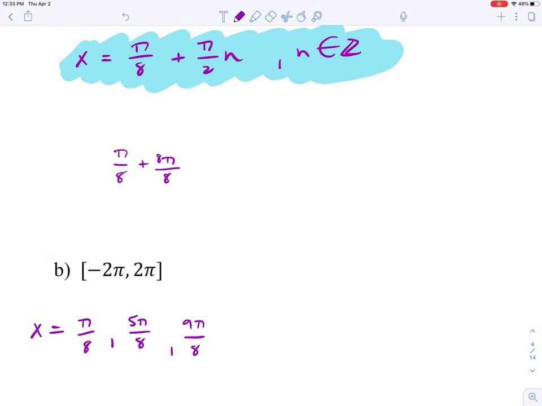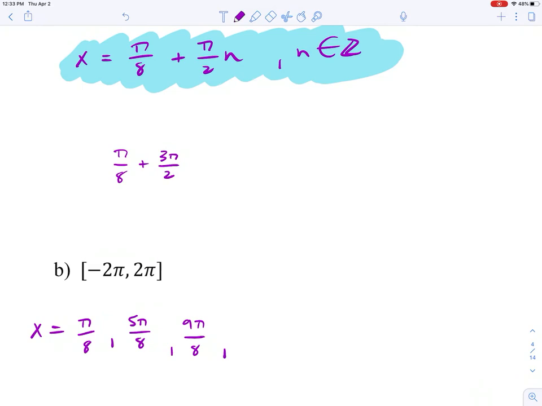That's still between negative 2 pi and 2 pi, because 16 pi over 8 would be 2 pi. Now, if n were equal to 3, that would be pi over 8 plus 3 pi over 2.